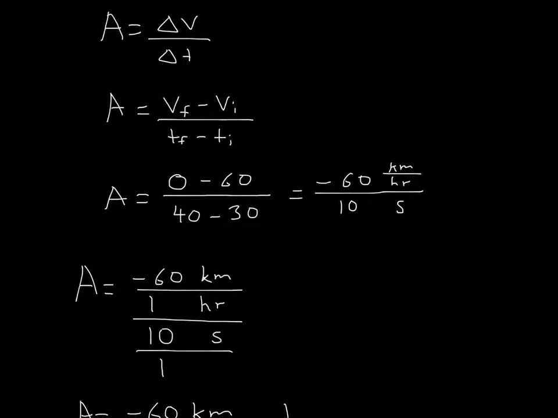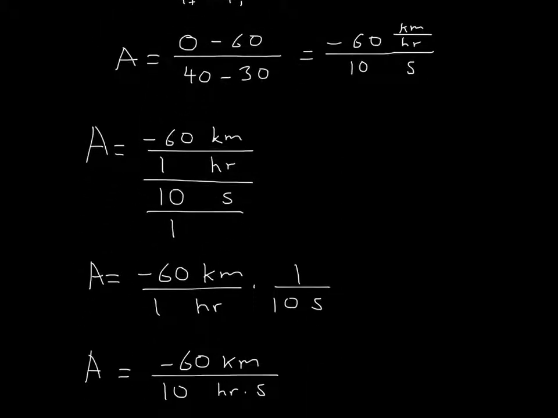So what I'm going to do is put negative 60 over 1 hour, because negative 60 kilometers over 1 hour, that's all this means. I just put that on the top. And here, 10 seconds, all I did was put it over 1. So then you can see that it's a fraction over a fraction.